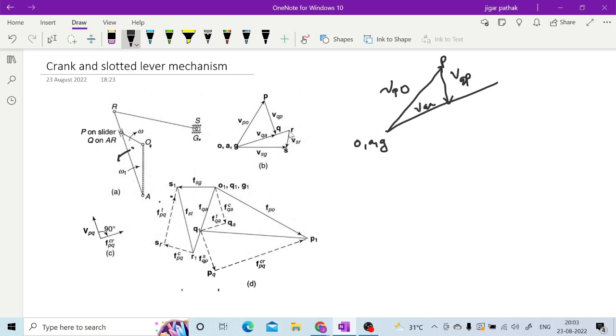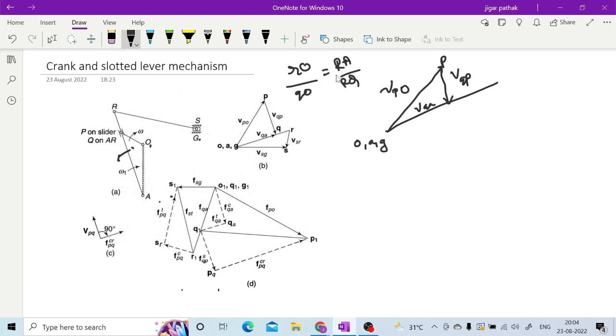Now R, how you have got it, similarly as you got that point D: RO upon QO is nothing but this, or A, that link length upon RQ.